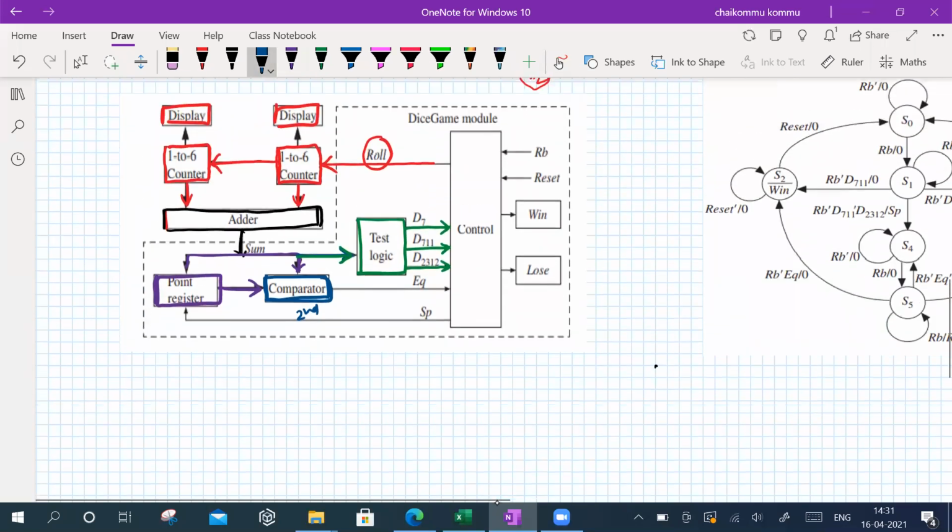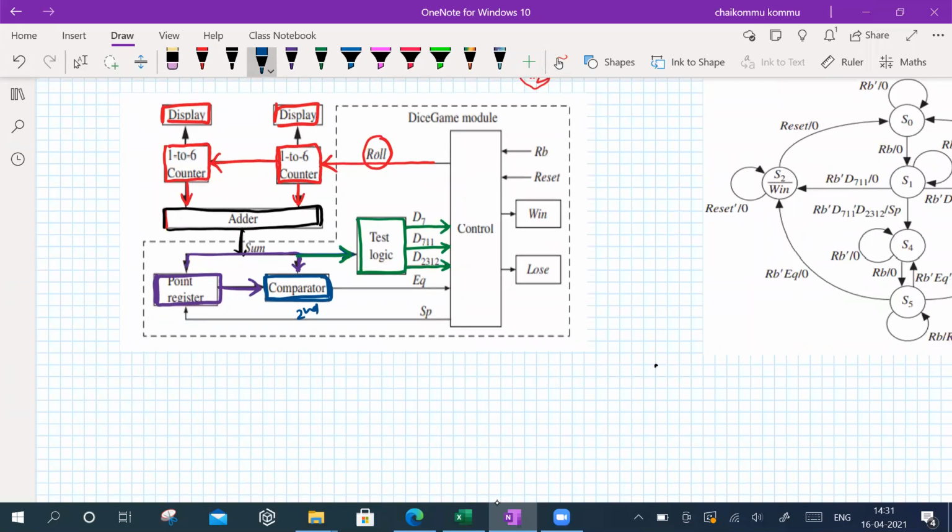Now, according to the data in signals like this, the control unit has to generate the necessary signals. What are the necessary signals? It will generate the win option, or it may generate the lose option. Whether the game is started or not is decided by the reset signal.